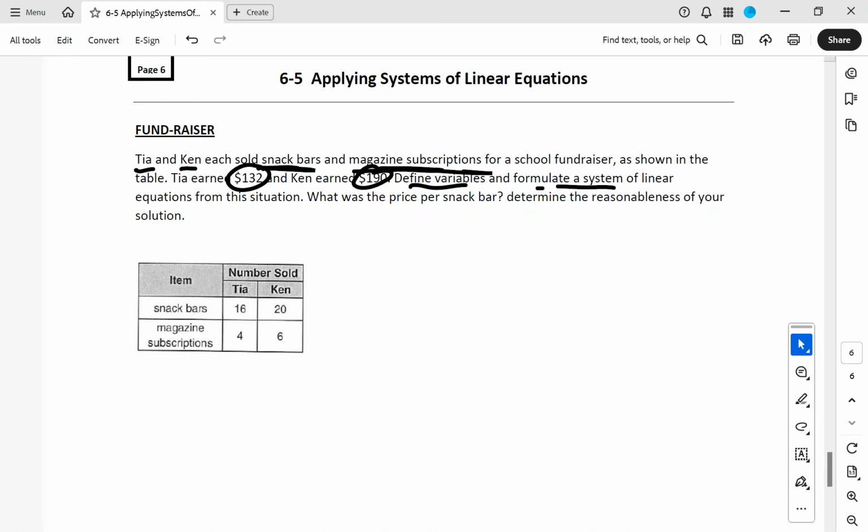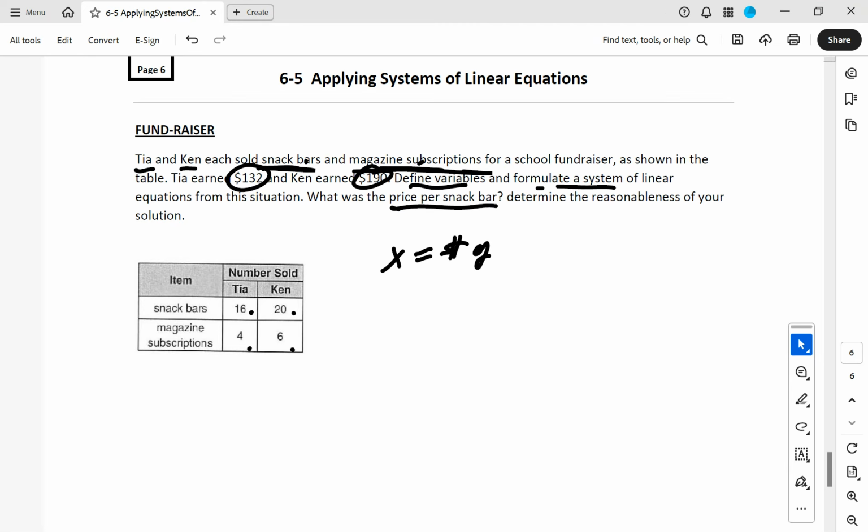Well, we need to know how many snack bars and how many subscriptions. So I have a feeling that those are going to be our x's and our y's. So let's put x equals the price. Oh, well, wait a minute. Yeah, we already know how many here, how many here, how many here, and how many here. We need to know the price per snack bar.